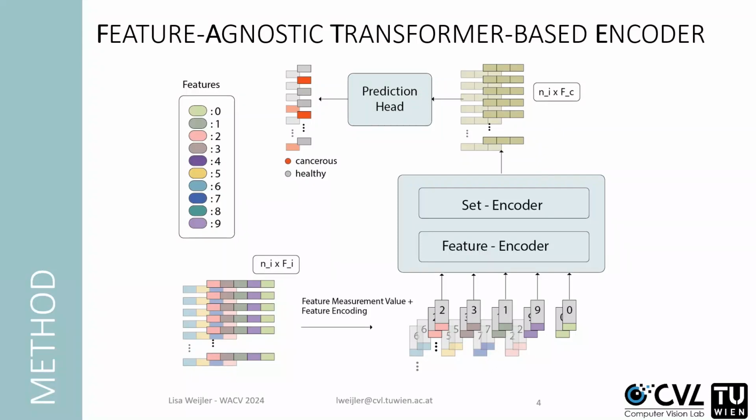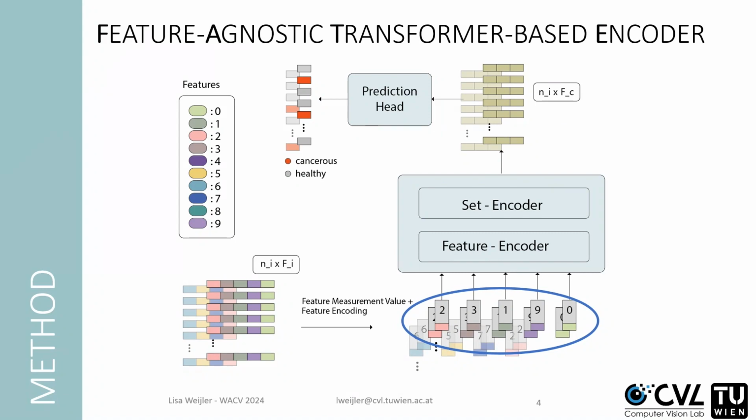This is a complete overview of the FATE encoder, so let me walk you through now. Each color depicts a different type of feature. On the bottom left, we have two input samples illustrated. As input to the model, we treat each feature vector of one input sample as a sequence of scalars. And so that the model knows what scalar corresponds to what type of feature, we employ feature encoding similar to positional encodings.